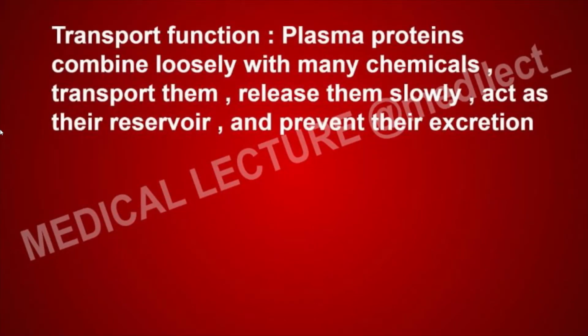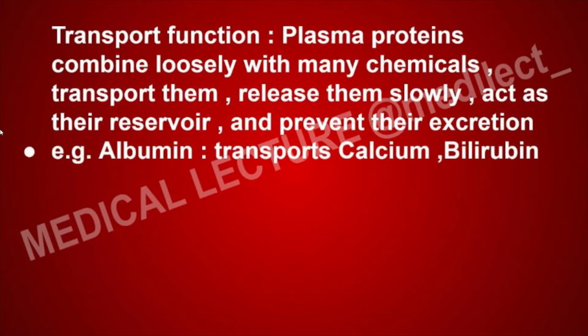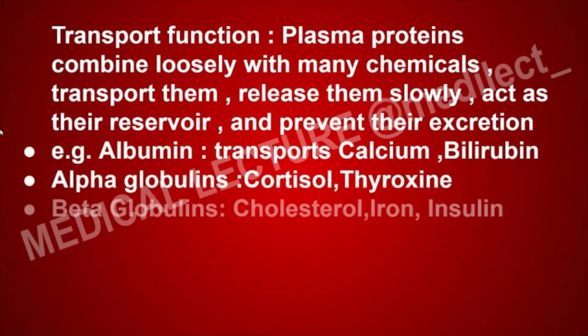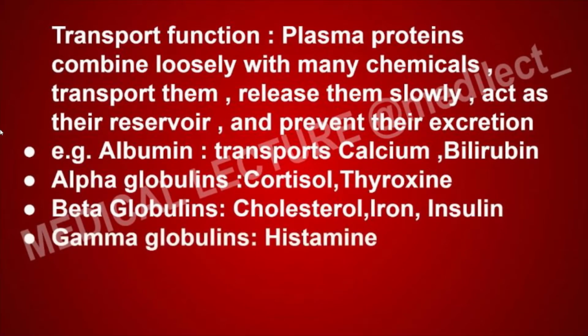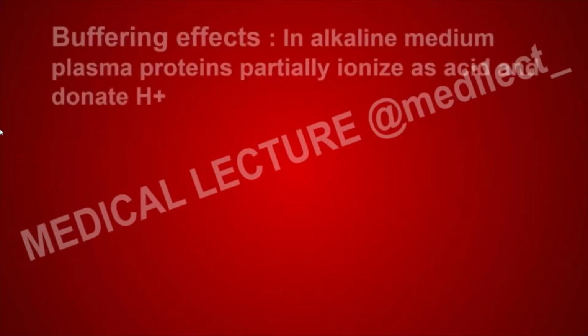The next function is the transport function. Plasma proteins combine loosely with many chemicals, transport them, release them slowly, also act as their reservoir and even prevent their excretion. For example, albumin, alpha globulins, beta globulins, and the gamma globulins. Now buffering effect.